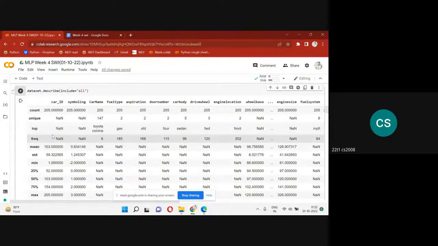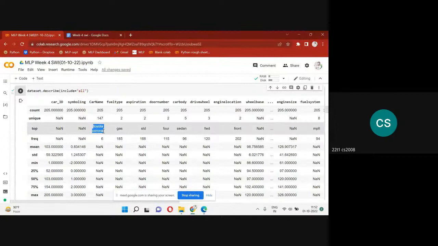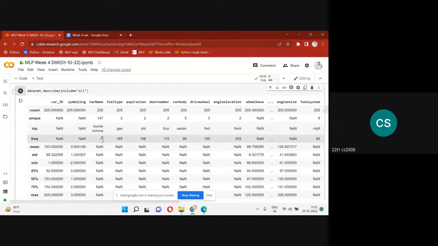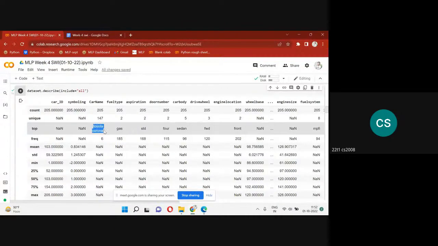It is checking how many times this Toyota Corona is repeating in your dataset. It is repeating 6 times. So it is representing the top value and its frequency. Whatever you said can be done, but this code doesn't do that.